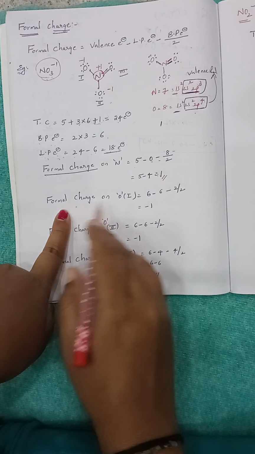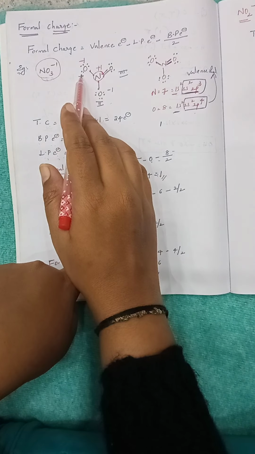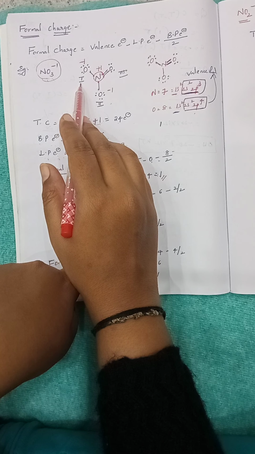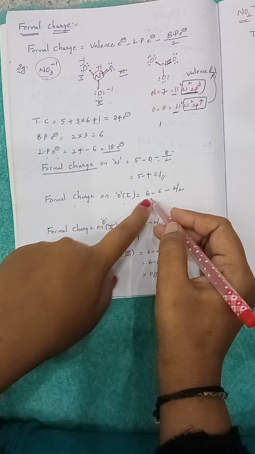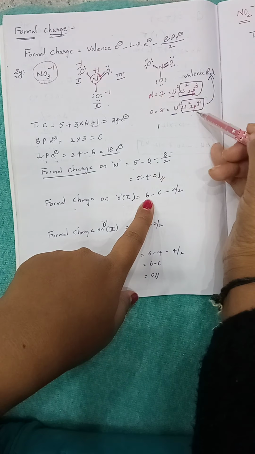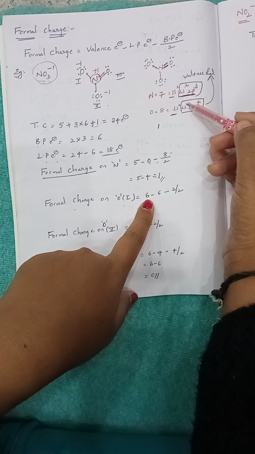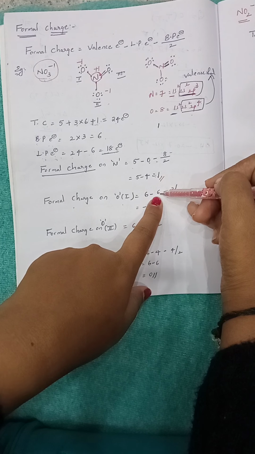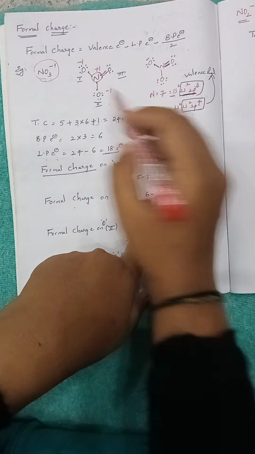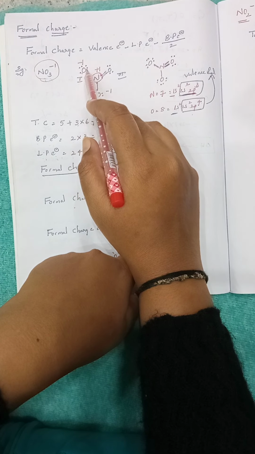Okay, now formal charge on the first oxygen. I have considered this oxygen as the first oxygen. We need to find out the formal charge on this first oxygen. So first, what is the formula? Valence electrons. We know valence electrons in oxygen is 4 plus 2, 6, minus lone pairs on the first oxygen, sorry. 1, 2, 3, 4, 5, 6 electrons.